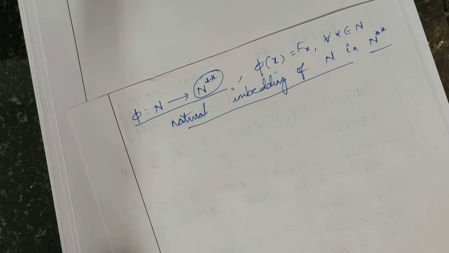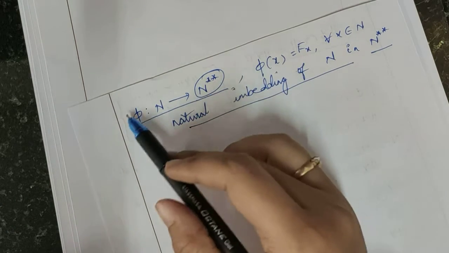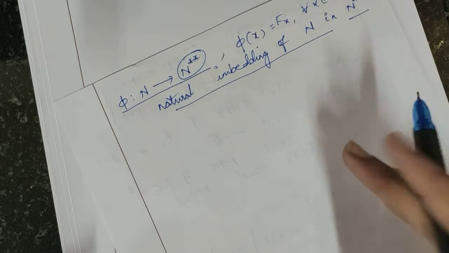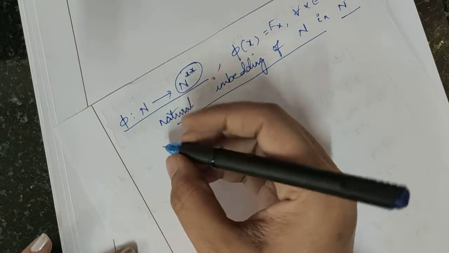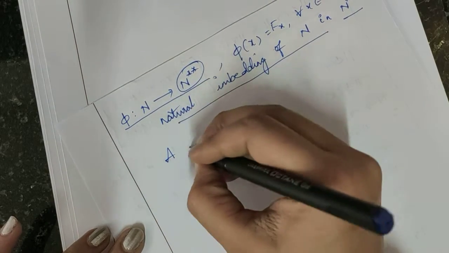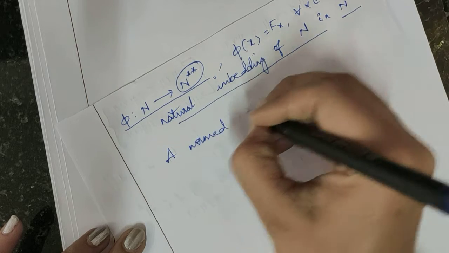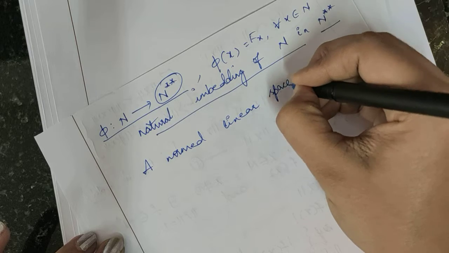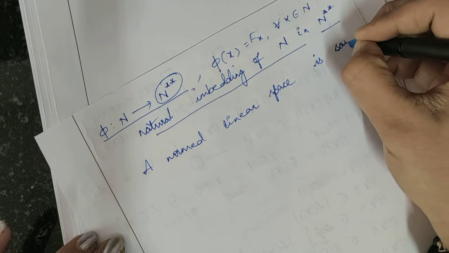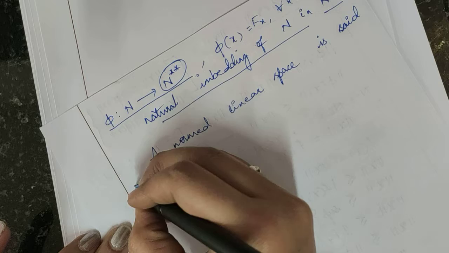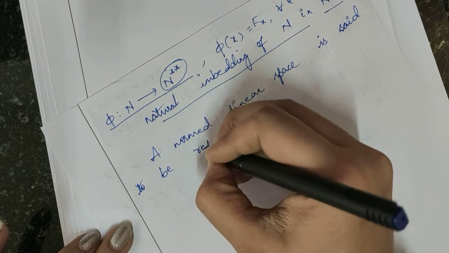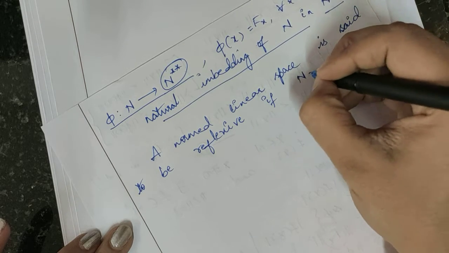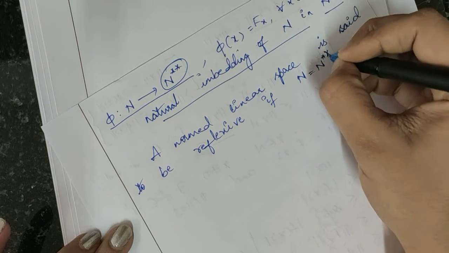So in order to define natural embedding, we will consider an isometric isomorphism mapping. Similarly, a normed linear space is said to be reflexive if N is equal to N double star.